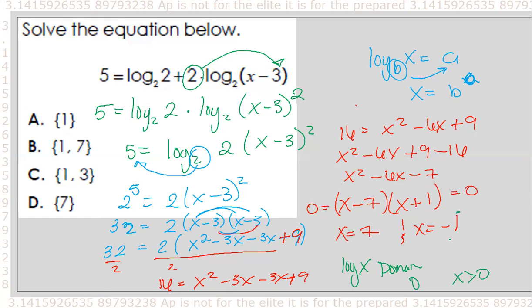So can we have a negative right here? No negatives. So our only answer is 7, D. All right, 7. Keep in mind, the negative 1 is a solution, but it's an extraneous solution.